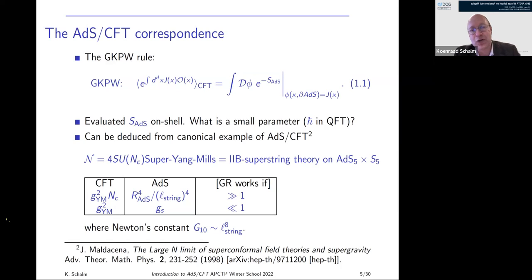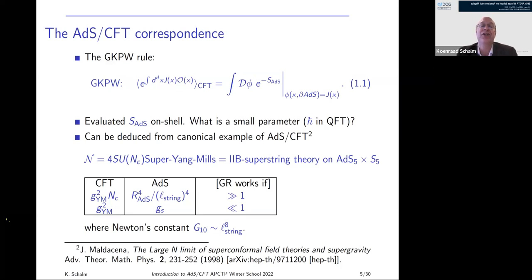Well, the short answer is that if you consider for O not a scalar operator, but a current operator, J mu, in other words, O is related to a conserved current and a global symmetry.